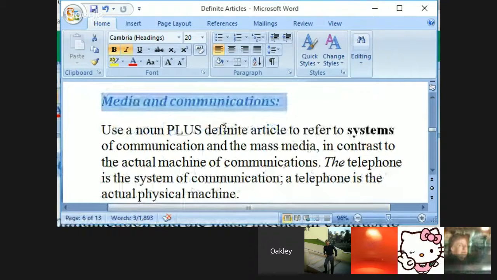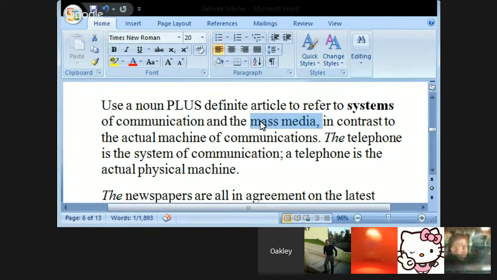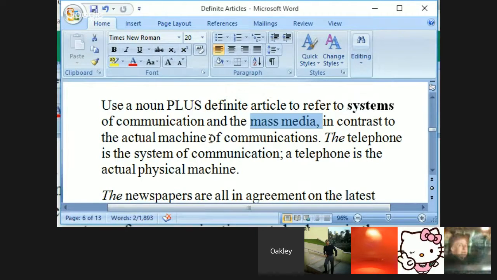First, related to media and communication. If we're talking about systems of communication and mass media, not the actual machine or device, but the system, we tend to use the.